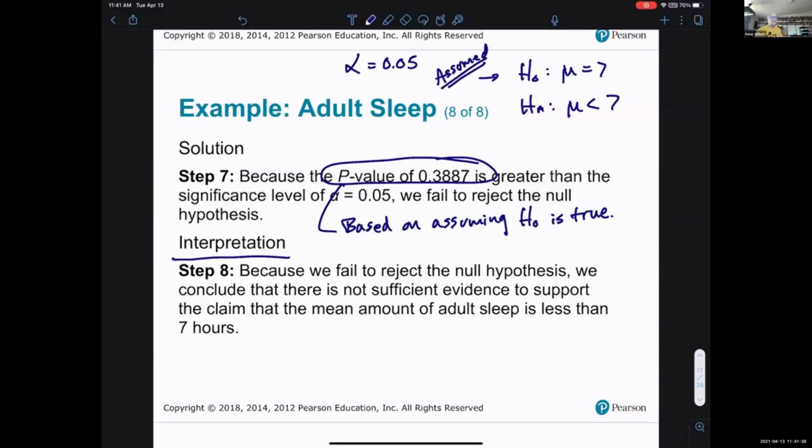You're assuming that the population mean is 7. So what the p-value tells you is that if you make that assumption, then the p-value is the probability that your sample would come out the way it did, assuming that mu is equal to 7, assuming that the average amount of sleep adults get is 7 hours.